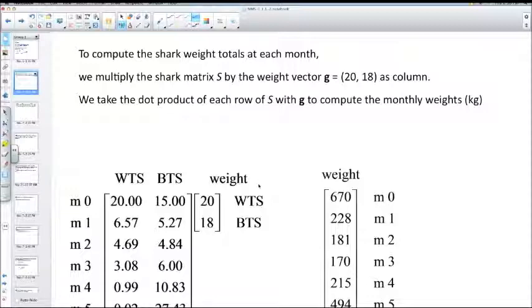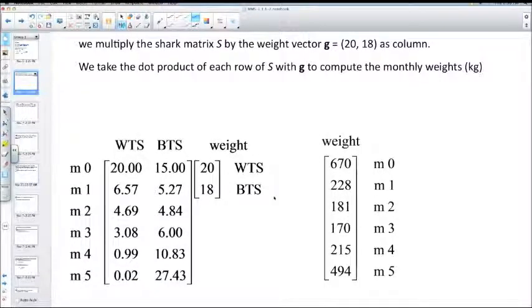But we can compute a little more of this. We can compute every single month and see the total weight of the two types of sharks. On the left hand, I have a 6 by 2 matrix. On the right hand, I have a 2 by 1 matrix or vector to represent the weight.